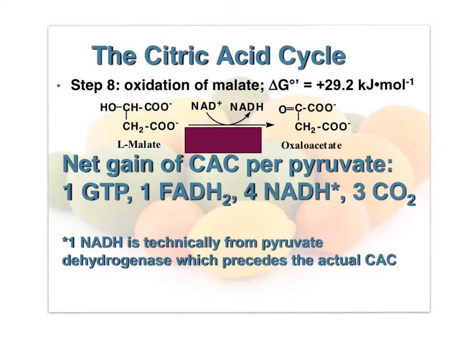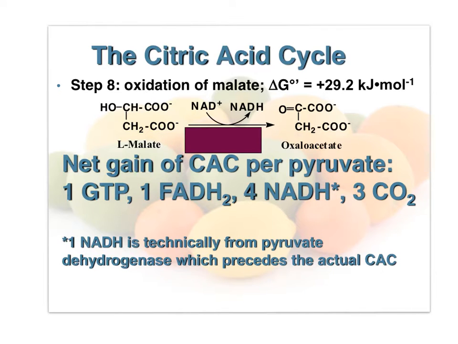You have to go from malate to oxaloacetate. We've actually already seen this. This is not a new enzyme. What's one observation about it? It's a dehydrogenase. And so if we were going to name it, what would we name it?